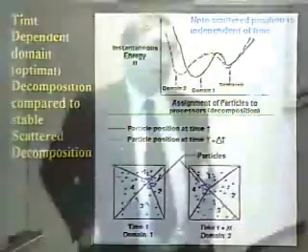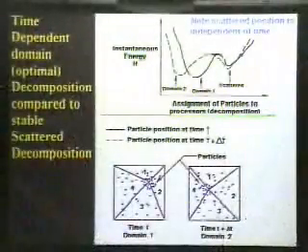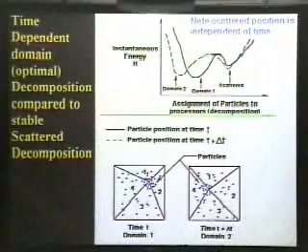When the globular cluster moves, our optimal decomposition changes, and so we have to do dynamic load balancing. However, if the globular cluster changes but stays the same size, the scattered decomposition is unchanged.